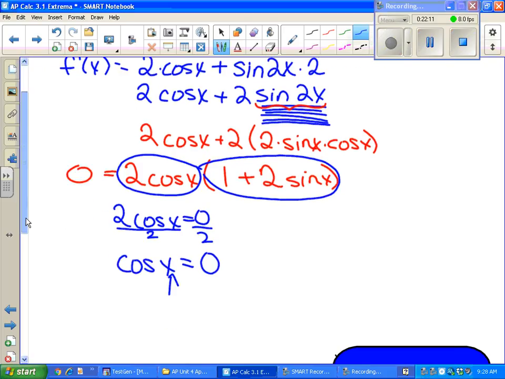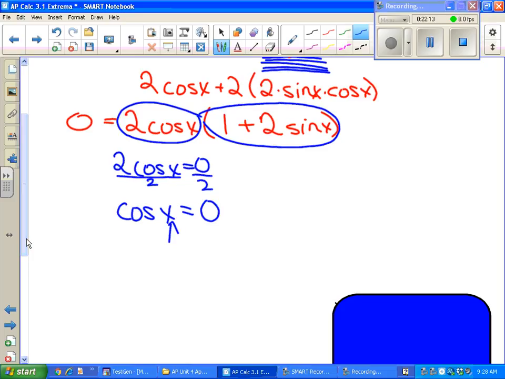When is my cosine, or what angle gives me 0? Pi over 2 and 3 pi over 2. Is everybody good with that? So far, x equals pi over 2 and 3 pi over 2. Those are possible critical values that I'm going to check.